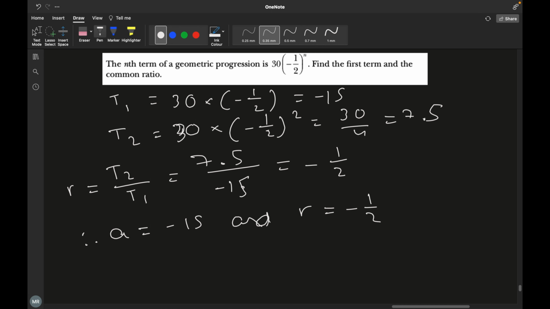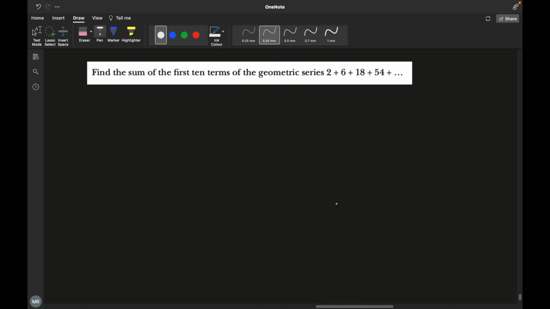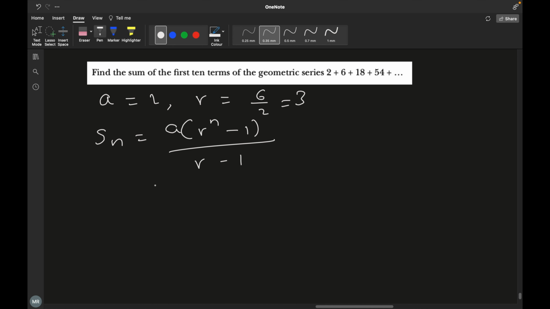And now let's solve this question. We have to find the sum of the first 10 terms of the geometric series, 2 plus 6 plus 18 plus 54. We know that it's a geometric series, therefore a is 2 and r is 6 divided by 2, which is 3. Let's use the formula: a times r to the power of n minus 1, divided by r minus 1.